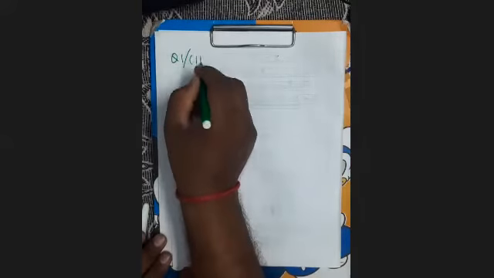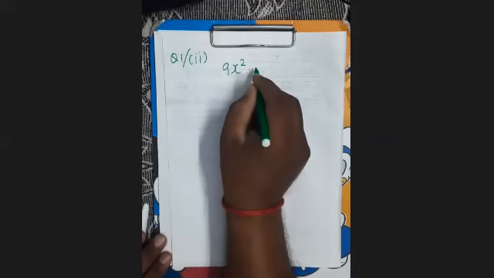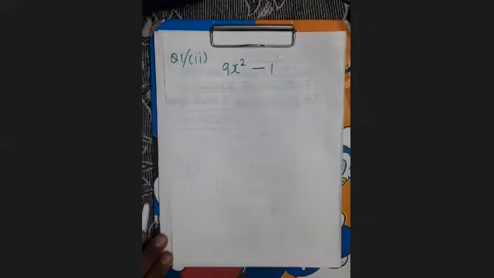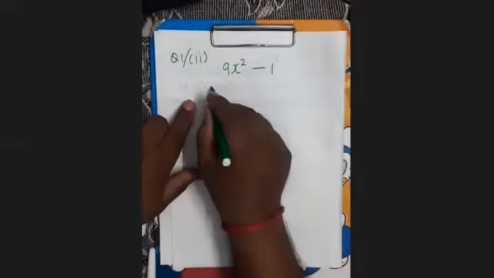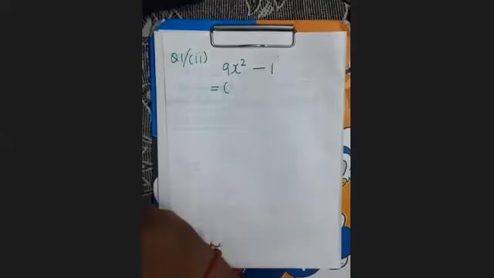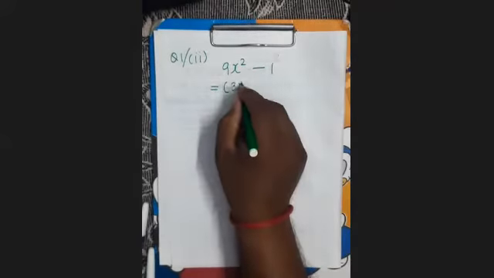Question 1, second part. Here 9x square minus 1. If you see carefully, you will find that 9x square can be written in the whole square form. क्या लिखेंगे? 3x का whole square.